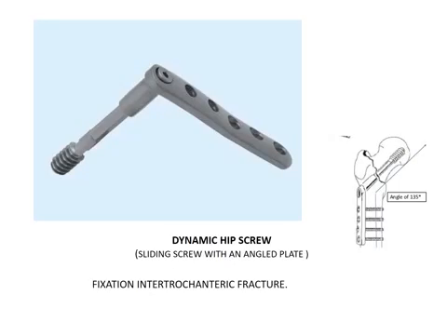When we look at the plates, one of the classical things that I want to talk about is a dynamic hip screw with a plate. You have a screw that goes inside the head of the femur, and then you have a plate with a barrel which slides on the screw. It allows controlled collapse at the fracture site, and that's where the screw moves along with it, called as a dynamic hip screw.